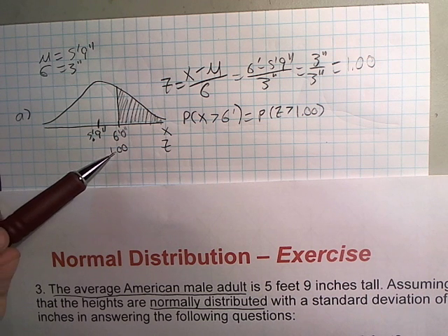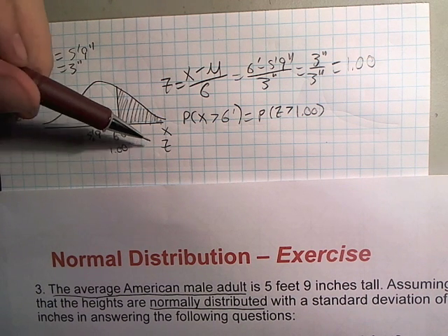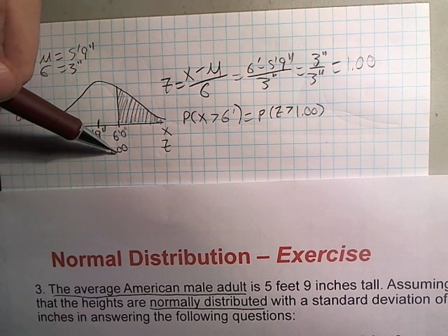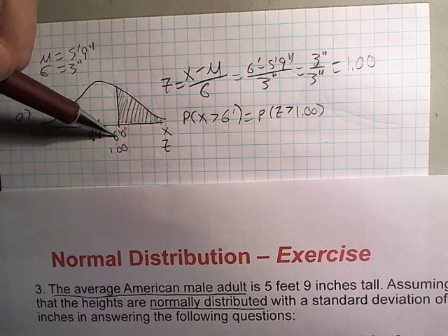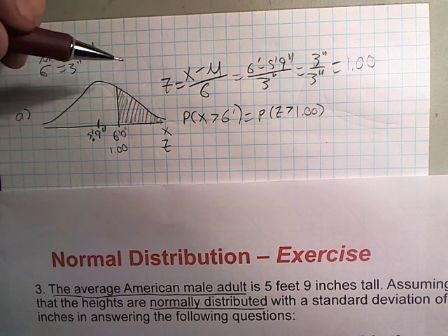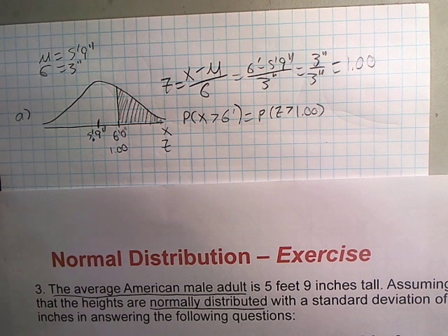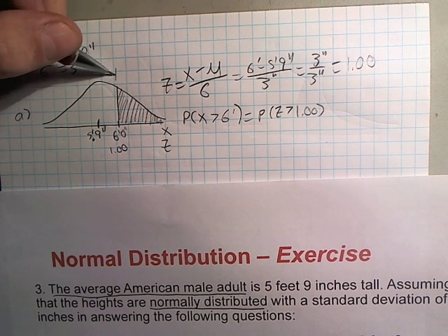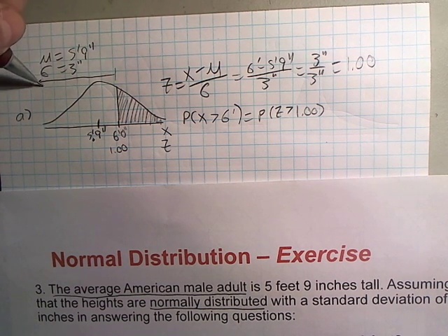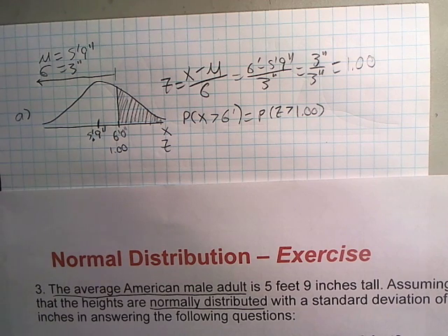Now we're going to find the area that corresponds to this exact z number, which we know corresponds to this exact x value. One thing that you always want to remember is that the z-chart areas are given to the left of each of the respective z values that you might look up.